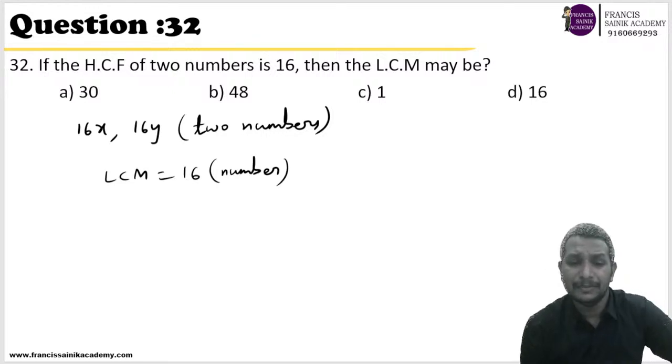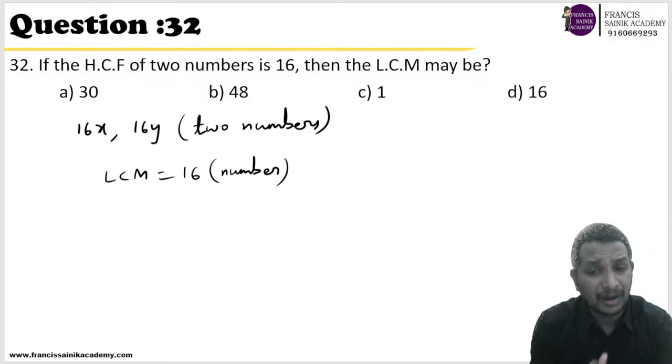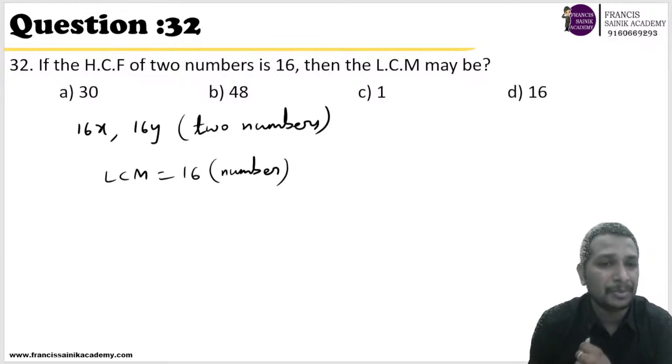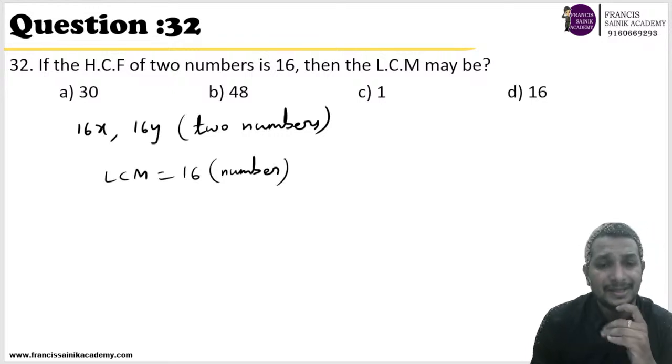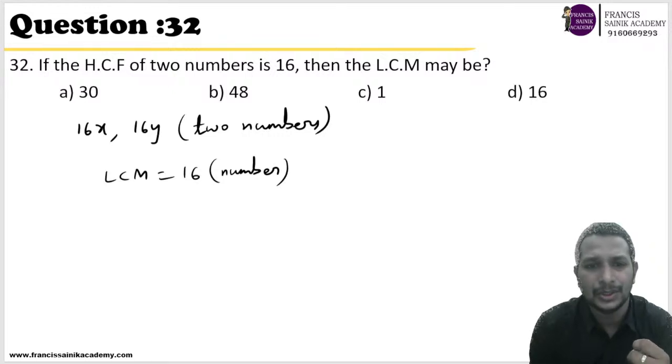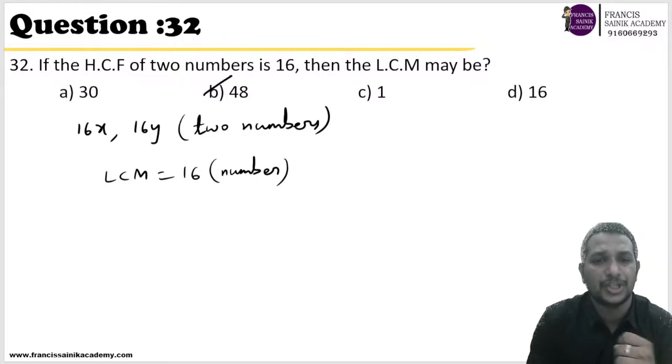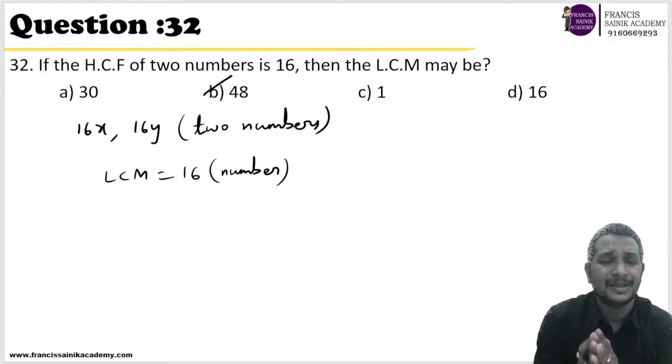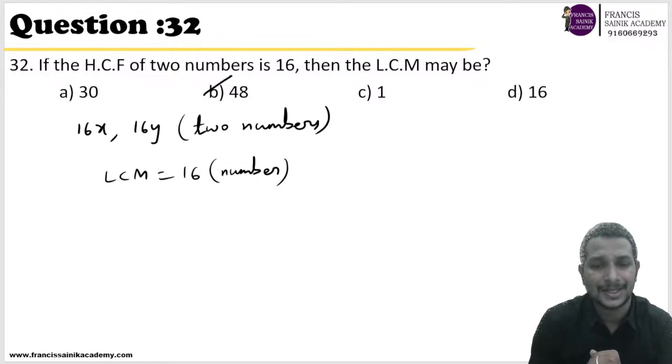So we can understand one thing: the LCM is a multiple of 16, and it is obviously greater than or equal to the smaller number.